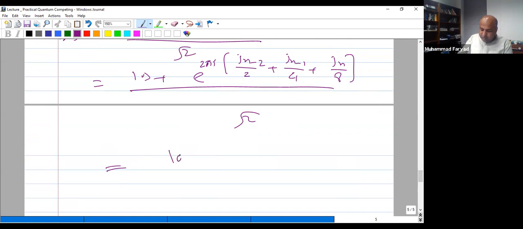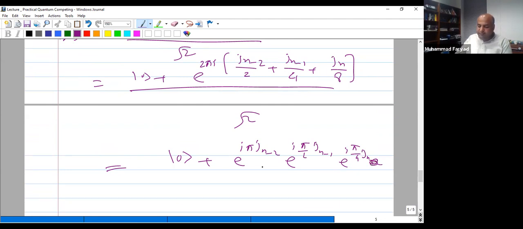So this is 0 plus exponential iota pi jn minus 2, exponential iota pi by 2 jn minus 1, exponential iota pi by 4 jn. So I need a phase of pi, which is the Hadamard gate with respect to bit jn minus 2.